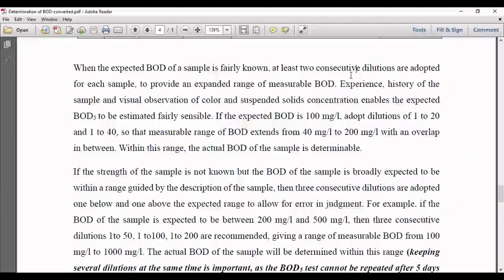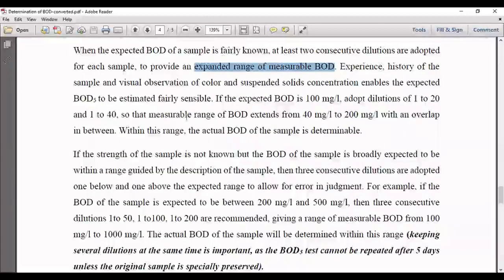We are not going to restrict ourselves to only one dilution factor. We take at least two consecutive dilutions so that the BOD value falls within the expanded range. So we have an expanded range for measurable BOD, and likewise we can avoid failure or repetition of the experimentation.